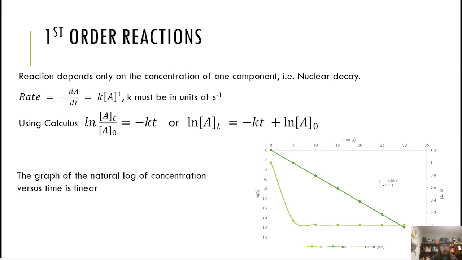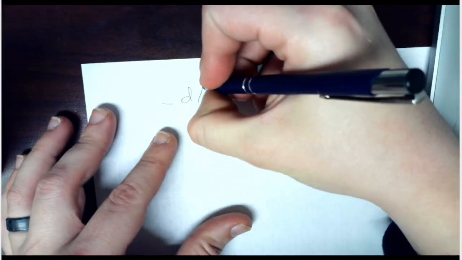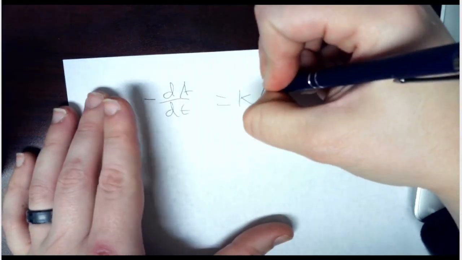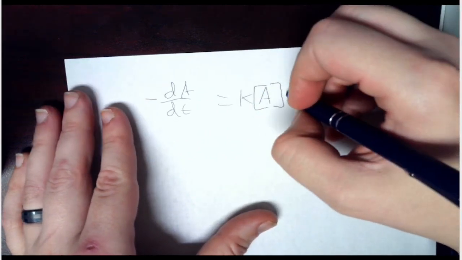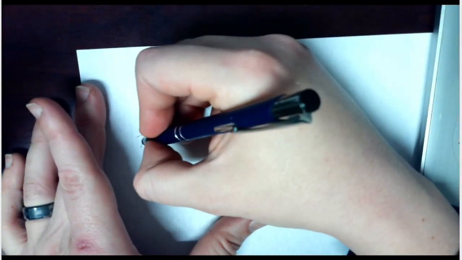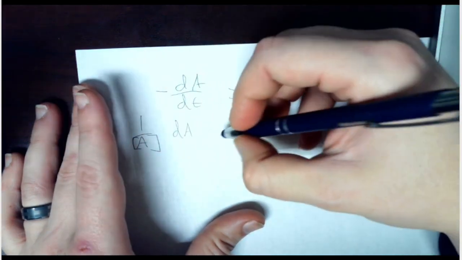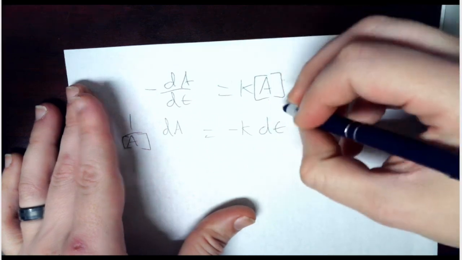It's negative d[A] over dt equals k[A]. So we get the t to one side and the A to one side: 1 over A d[A] equals negative k dt.